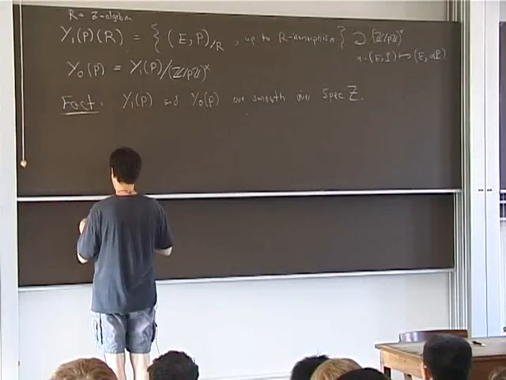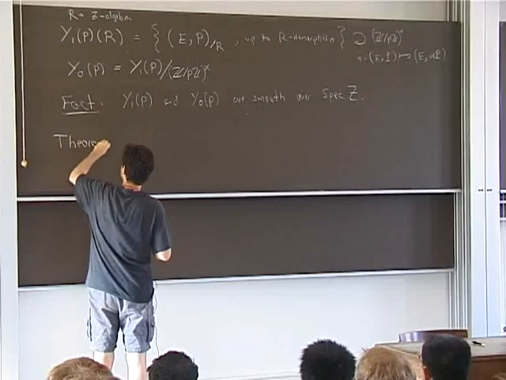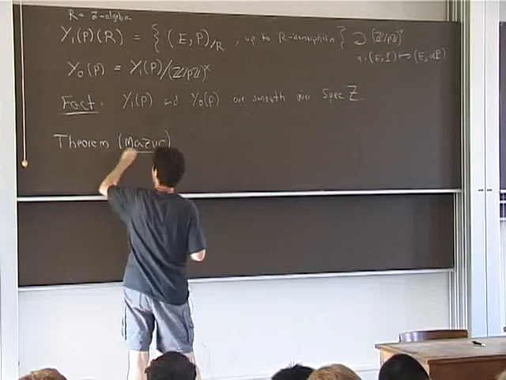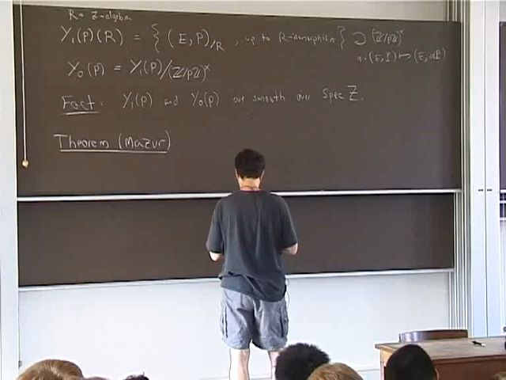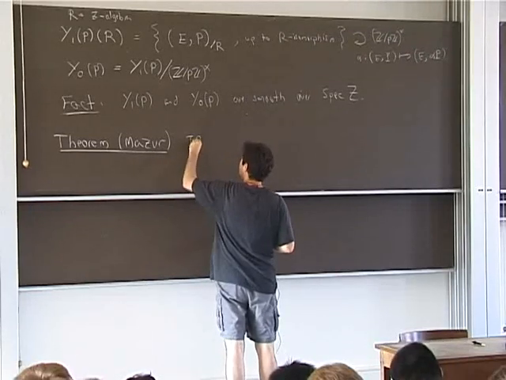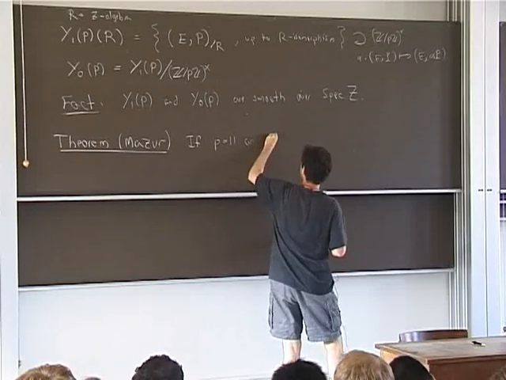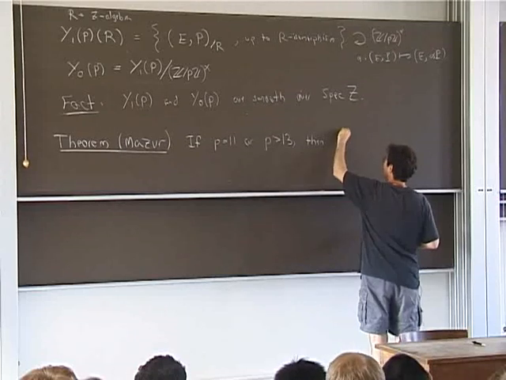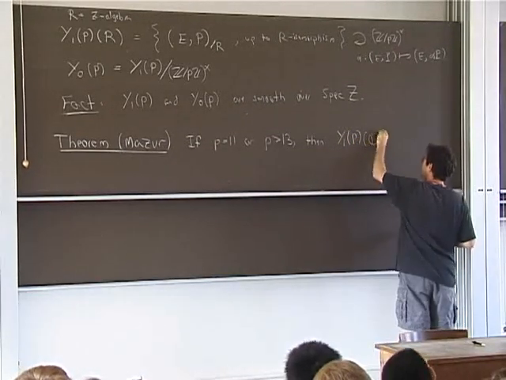So, okay. So the basic theorem which I want to discuss in this lecture is the following theorem of Mazur, which classifies the rational points on the modular curve y1 of P. And so the theorem is that if P is a prime, which is either 11 or greater than 13, then the set of rational points, well, it's not just finite, which we already know.